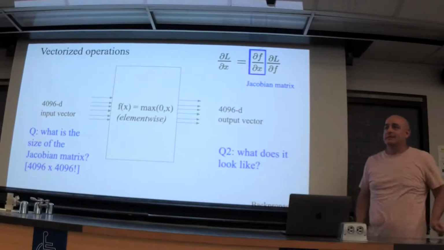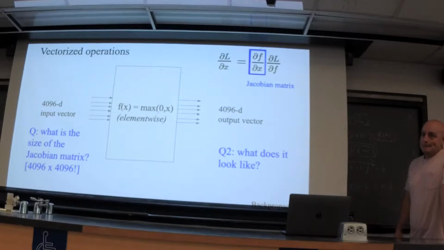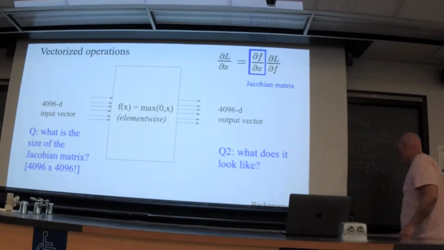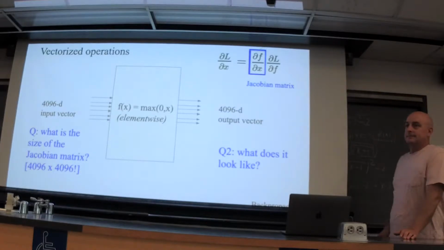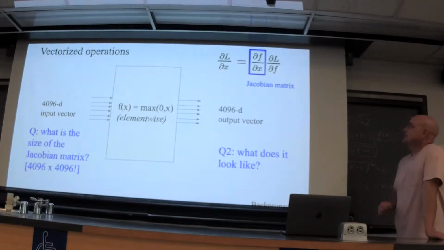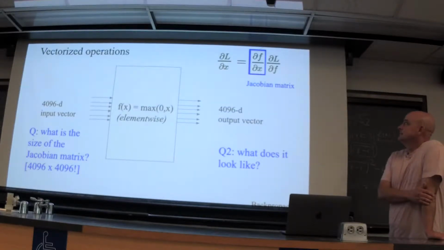What was the question? I'm just trying to summarize what you said, and I want to know if it's a correct summary. So dL/df is a column vector of f1 through 4096. So then each row should also have f1 through 4096. Exactly. Okay.